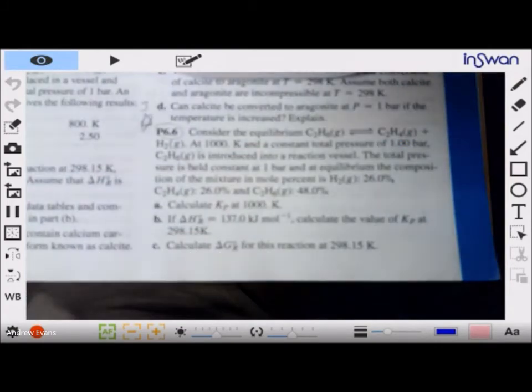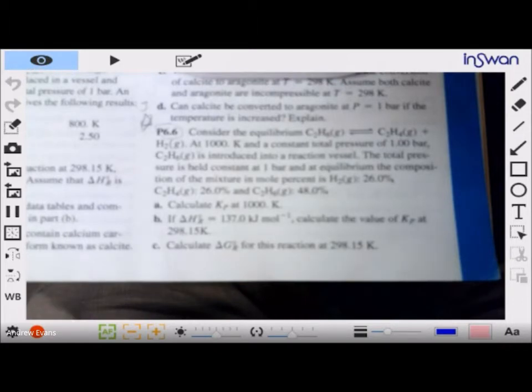Problem 6. Consider the equilibrium of ethane going to ethene and hydrogen gas at 1,000 Kelvin and a constant total pressure of 1 bar. Ethane is introduced into the reaction vessel.